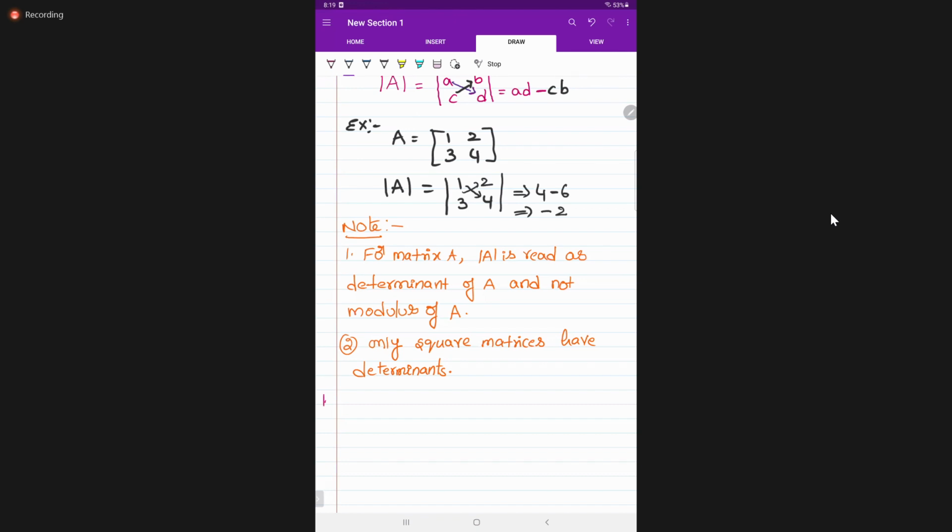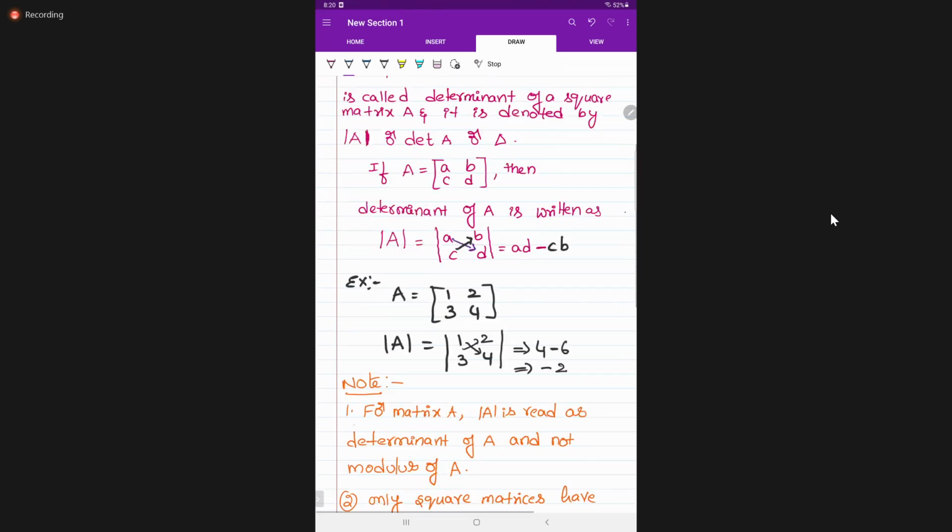Determinant of a matrix of order 1. Now tell me, students.